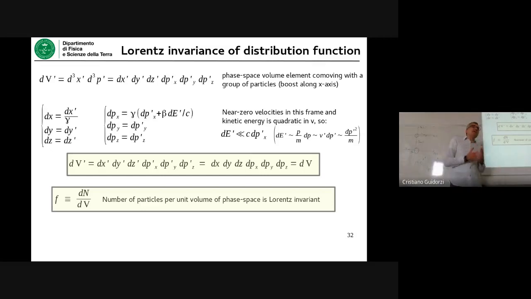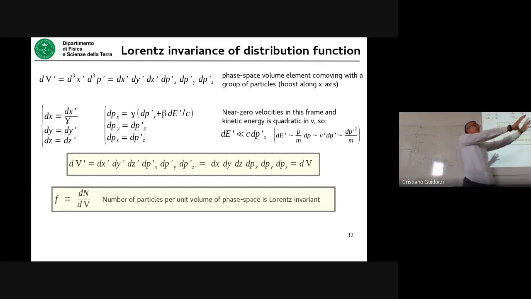So if we define with F, this triple line here, it was meant to be a definition. Sorry. So by definition, dn over dv, what is that? dn is the number of particles within this elementary volume. So this is a density, the number of particles per unit volume. And the number of particles, of course, is the same.